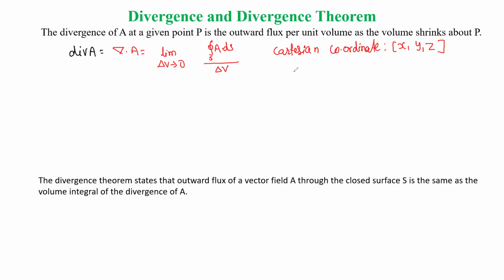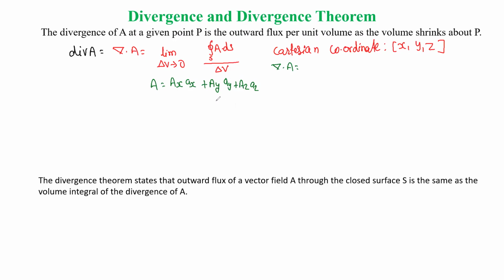Now the divergence of A in Cartesian coordinates: this vector A will have components Ax with the unit vector ax, Ay with the unit vector ay, and Az with the unit vector az.